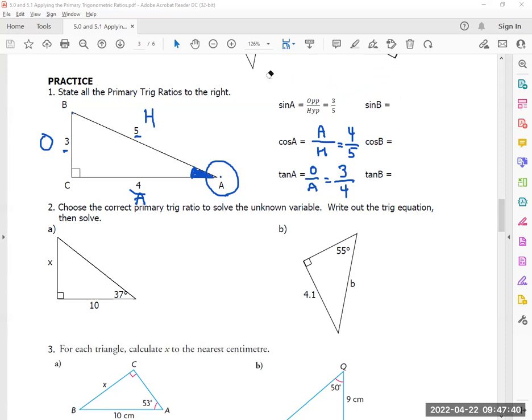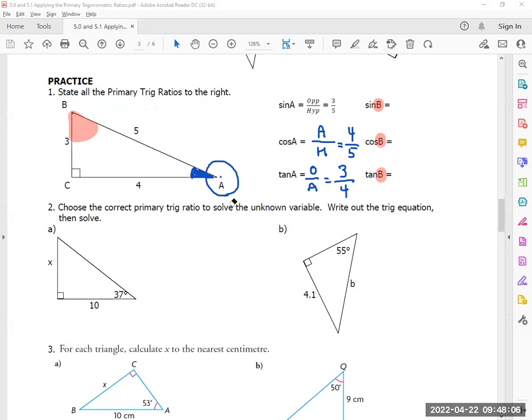Let's do it one more time. This time, take a look. I am working with, I'll use red, angle B. Which angle am I interested in right now? Angle B. If I'm working with angle B, a lot of these disappear.